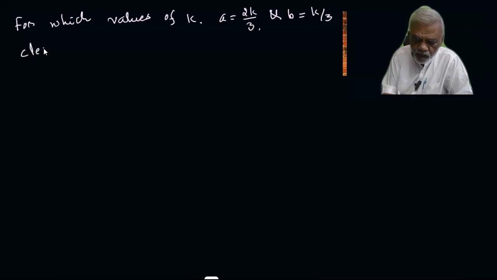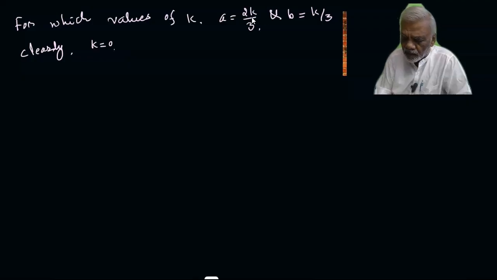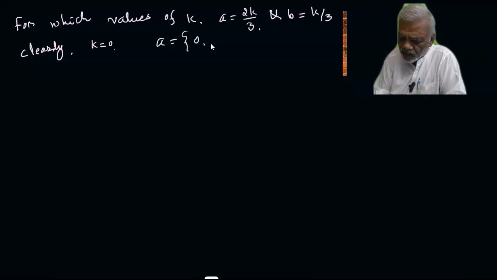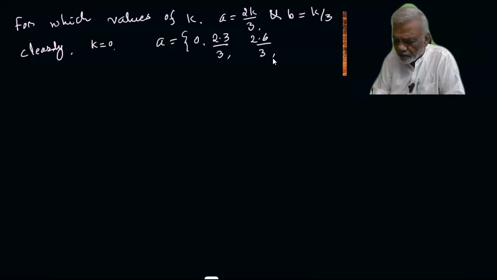Clearly, K equal to 0, and that is A equal to 0, and K is equal to 3, 2 into 3 by 3, and K is equal to 6, 2 into 6 by 3, and 2 into 9 by 3, and 2 into 12 by 3.